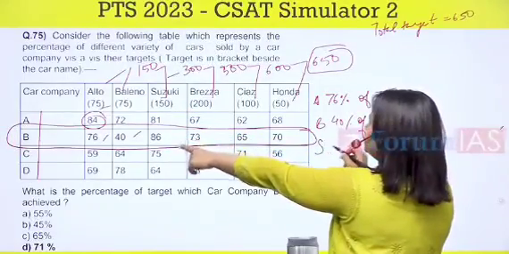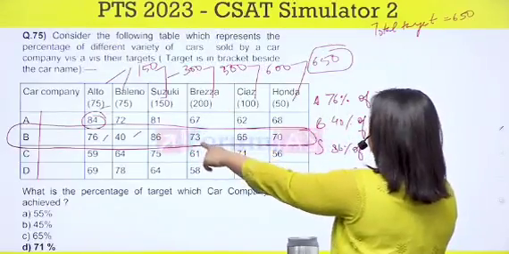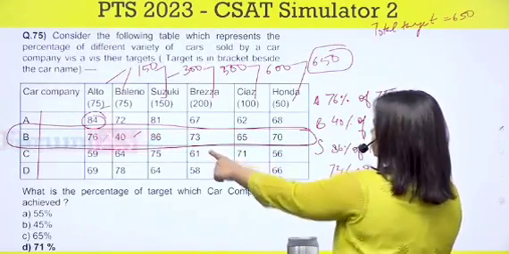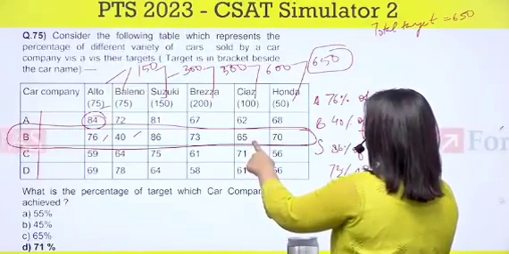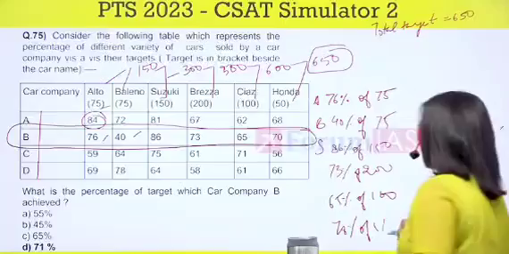Then Suzuki, they did 86% of 150. Brezza, they did 73% of 200. Then they did 65% of 100, and they did 70% of 50.